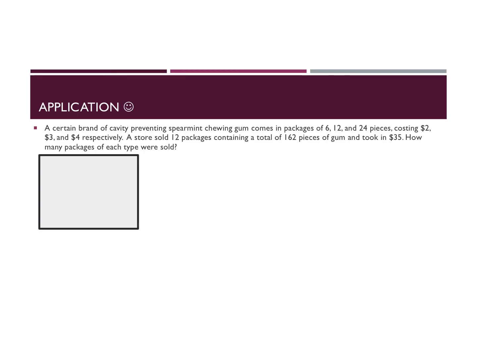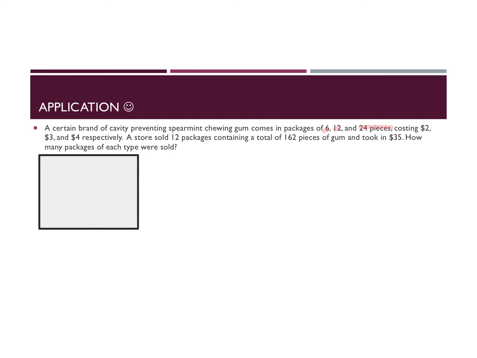So in our last type of problem, notice we have a certain brand of cavity-preventing spearmint chewing gum that comes in packs of 6, 12, and 24 pieces, and they cost $2, $3, and $4 respectively. The store sold 12 packages containing a total of 162 pieces of gum and took in $35.